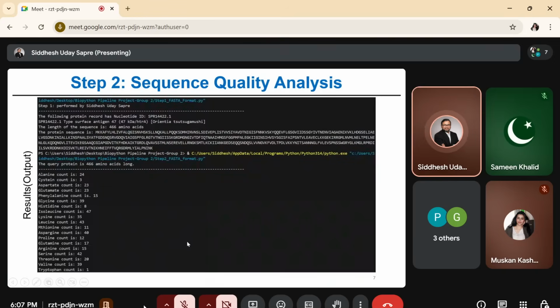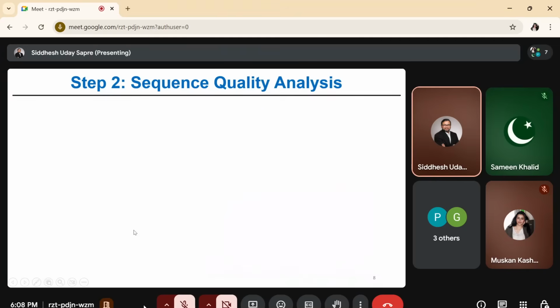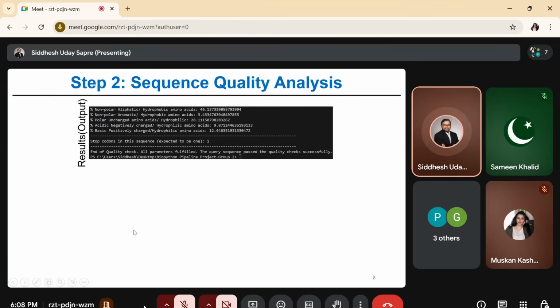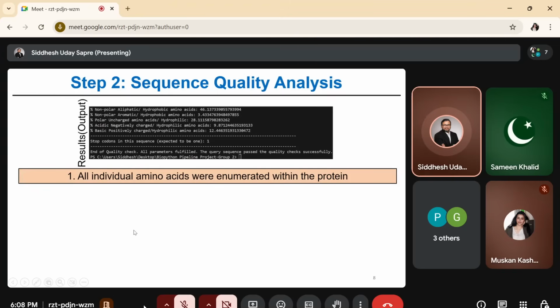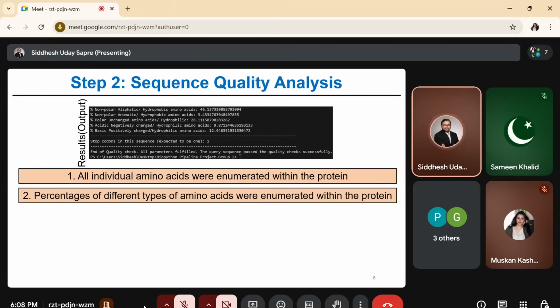From this we also get the output successfully, and it shows that all individual amino acids could be enumerated within the protein. I also mentioned the percentages of different types of amino acids.